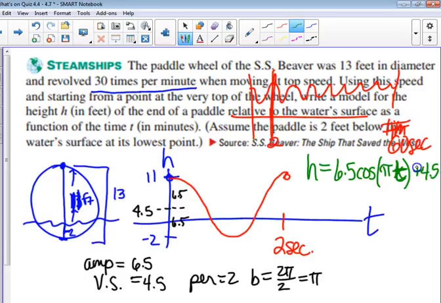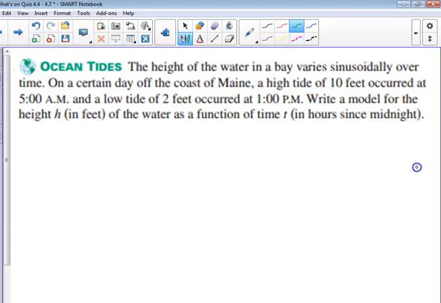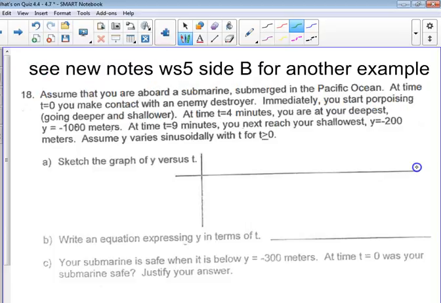Okay. I have another one here. If you pulled out worksheet 5B, did you do that when I suggested it? Towards the bottom of worksheet 5B is another one of these, and I thought this way you could have an example to look at tonight if you didn't write that down. It says, assume you're aboard a submarine submerged in the Pacific Ocean. At the time T, you make contact with an enemy destroyer.